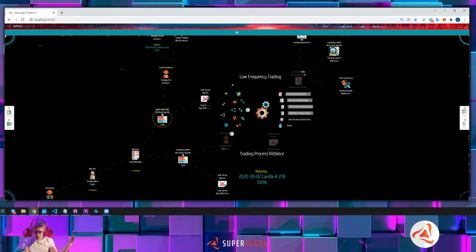Probably I need, but there is no node called simulation or something like this in the trading system.